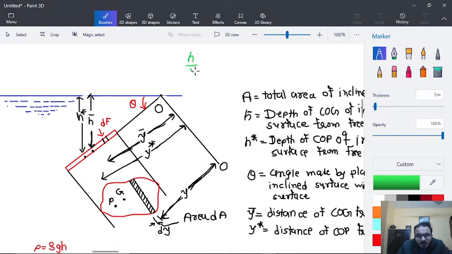H upon Y is equal to H bar upon Y bar is equal to H star upon Y star is equal to sin theta.